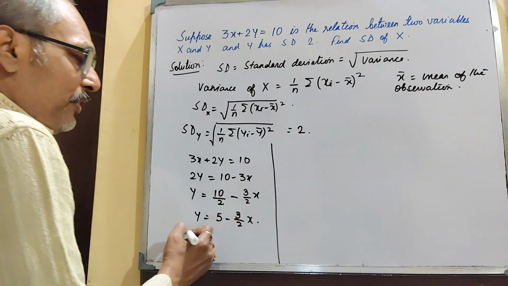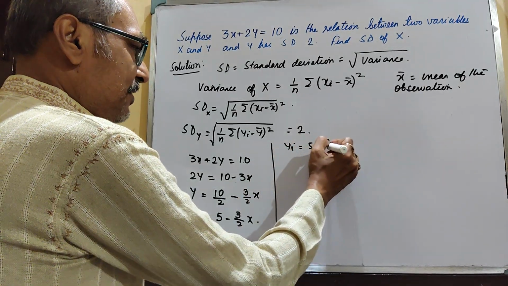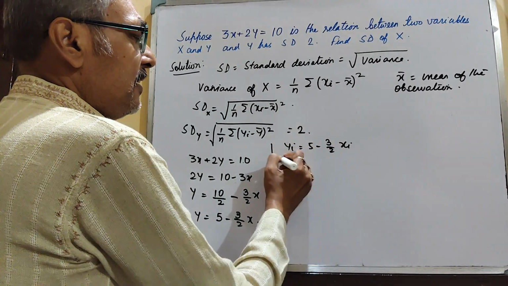Now we take the summation of yi, with yi equals 5 minus 3 by 2 xi.